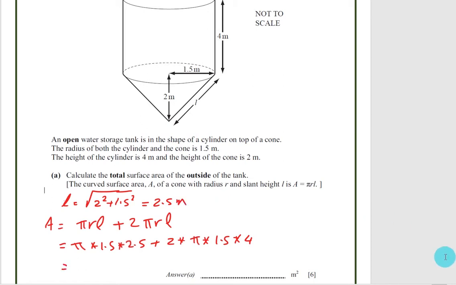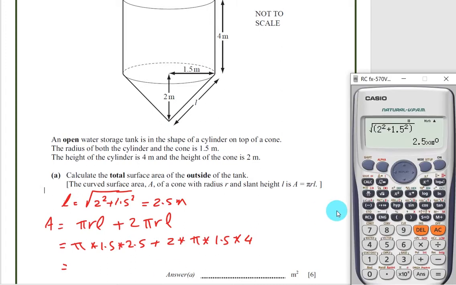So the area is equal to pi by 1.5 by 2.5 plus 2 pi by 1.5 by 4.